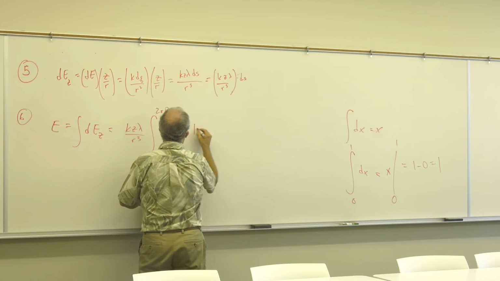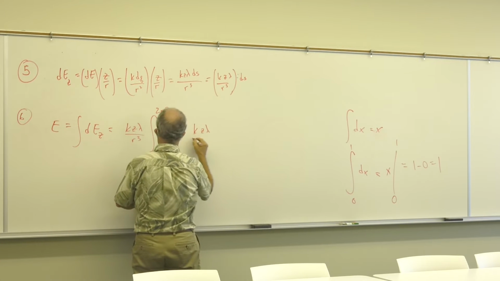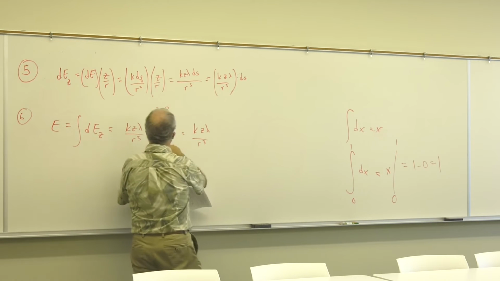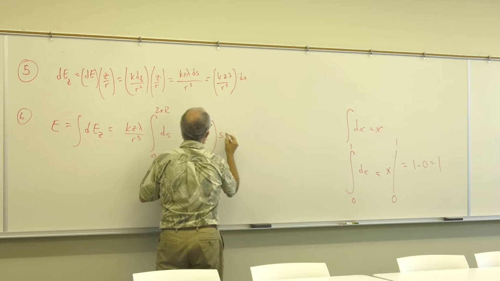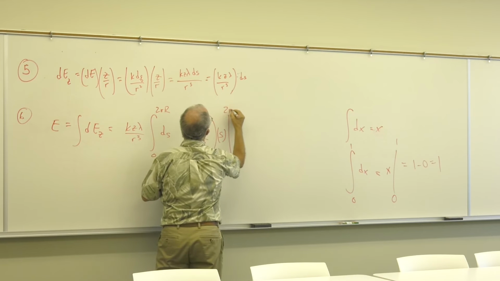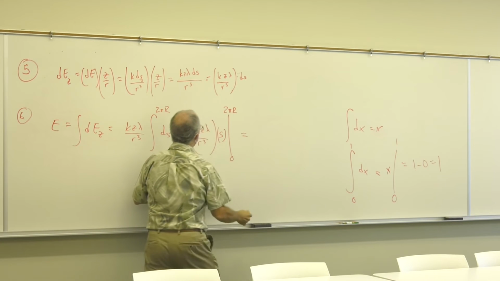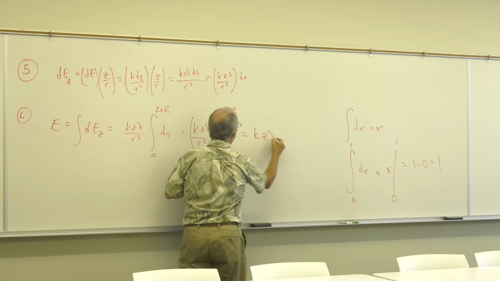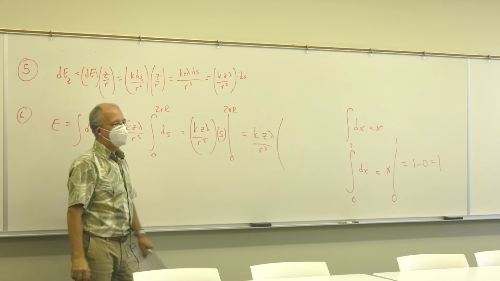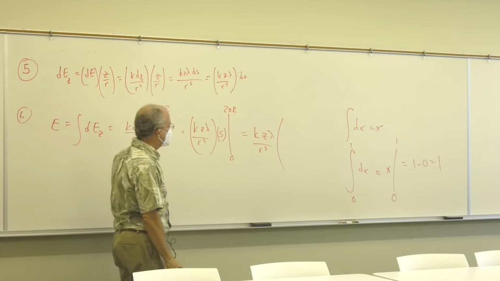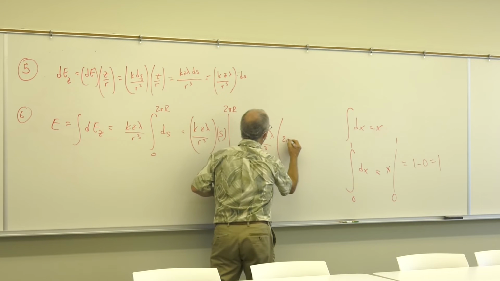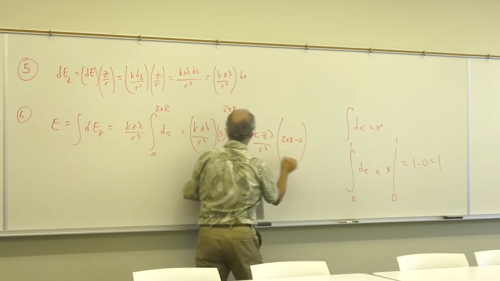Okay, k z lambda over r cubed, that's all constant, right? And then the integral of ds is s. But we're going from 0 to 2 pi r. So therefore, I have k z lambda over r cubed times what? 2 pi r minus 0, right?